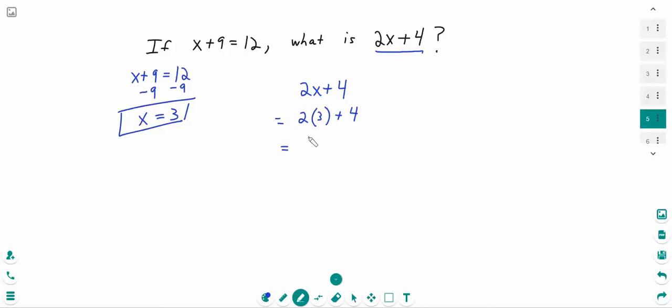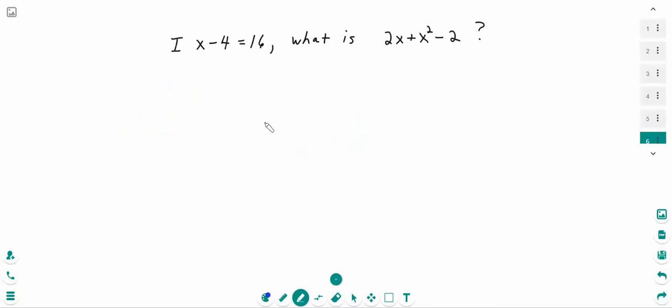And that is going to equal 2 times 3 is 6 plus 4, which is equal to 10. So that would be our solution. So it's very straightforward. It's just a two-step problem. We're solving an equation to find the value of x, and then we're evaluating this expression with the x being equal to whatever the solution was over here.